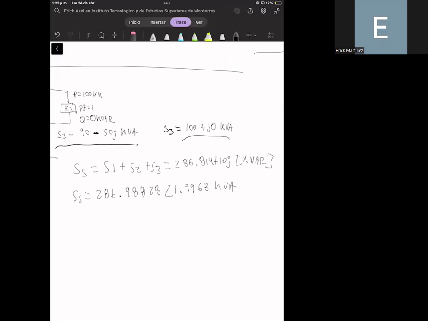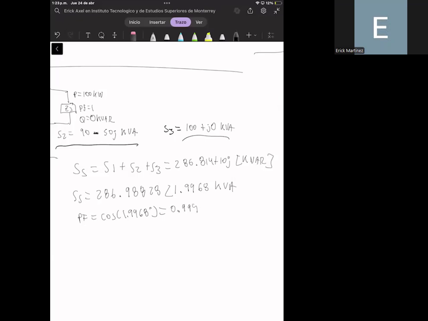Now, if I compute the cosine, I can compute the power factor. If I compute the cosine of 1.1968 degrees, you will notice that the power factor is 0.1999.